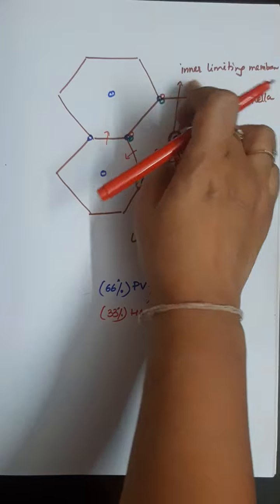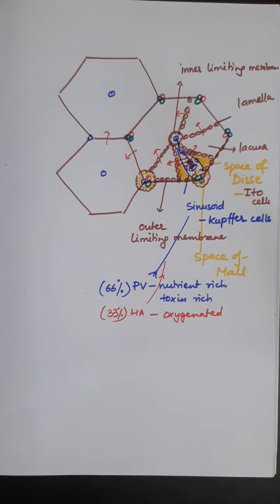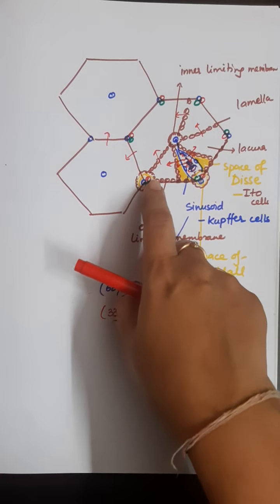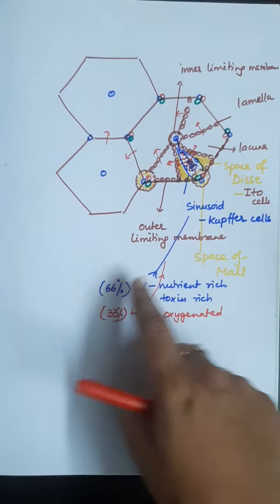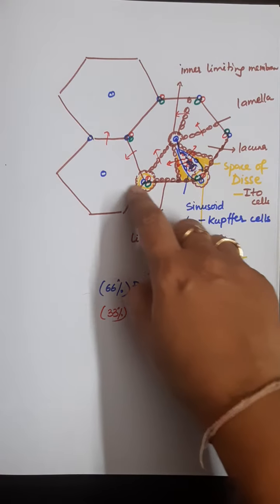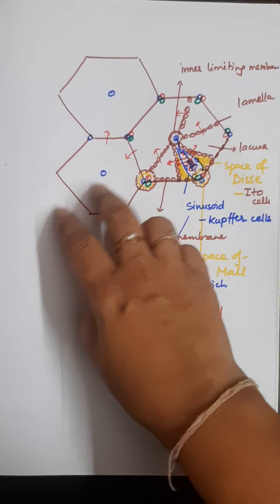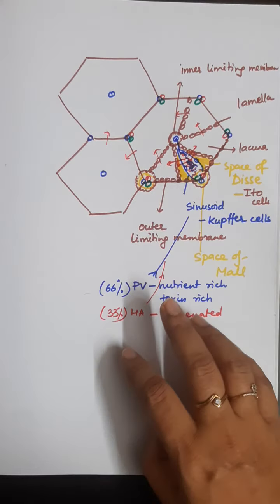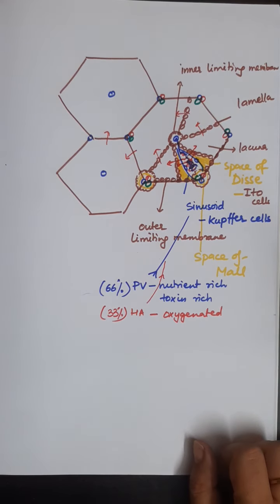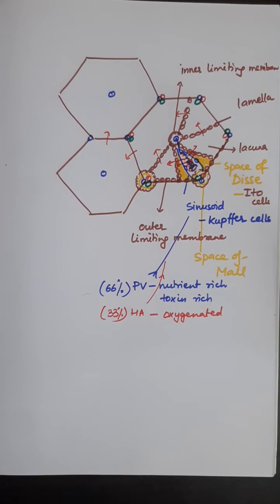In humans, the classical hepatic lobule is not clearly visible like this, because here the hepatocytes are continuous with each other, and this movement of blood from one lobule to another, from one lacuna to other, is possible because the whole of the liver tissue acts as a spongy tissue.